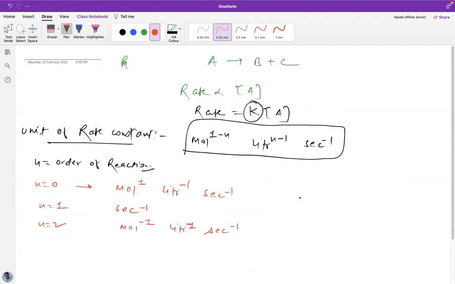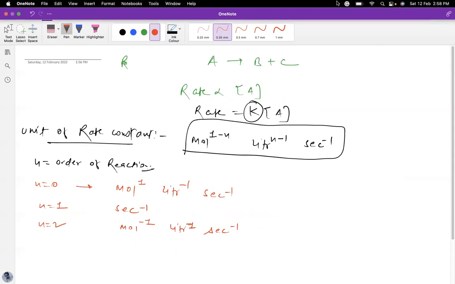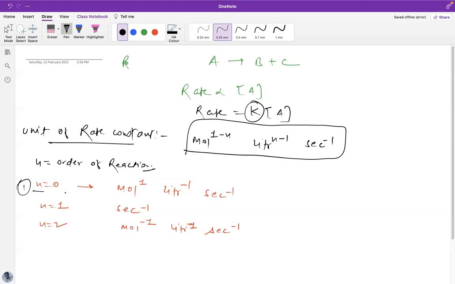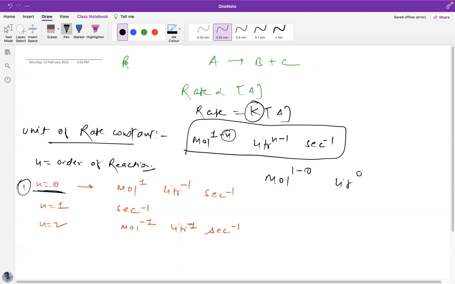You can put those values and find your answer. Any doubt about this? Listen, suppose the very first condition, where n is equal to 0. Put n equal to 0 here: mole^(1-0), liter^(0-1), second^-1.